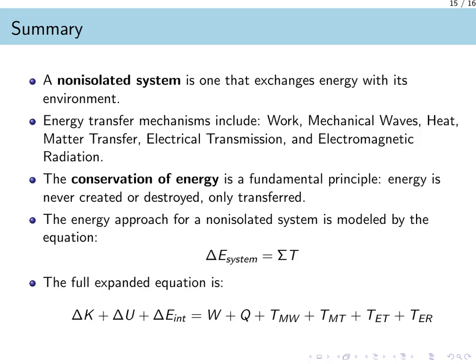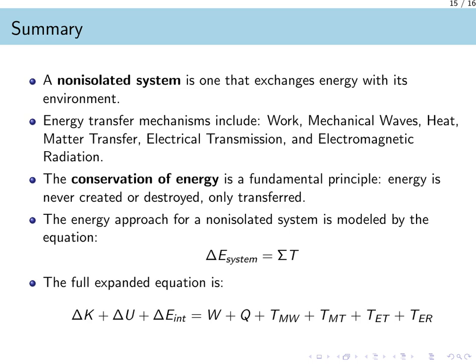Third, we centered our discussion on the fundamental principle of conservation of energy, which states that energy is never created or destroyed, only transferred from one form to another or moved from one place to another. We express this principle mathematically with the core equation: delta E subsystem equals the sum of T.